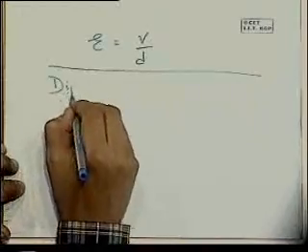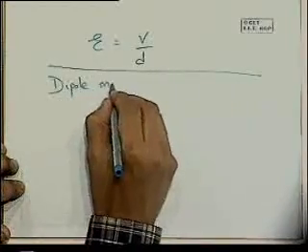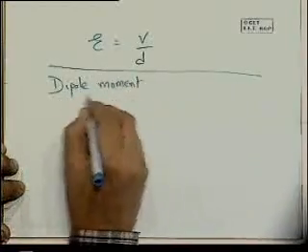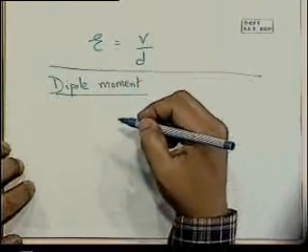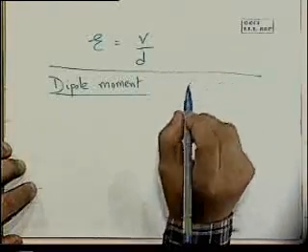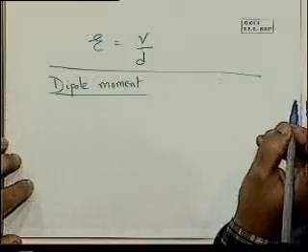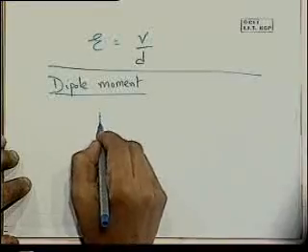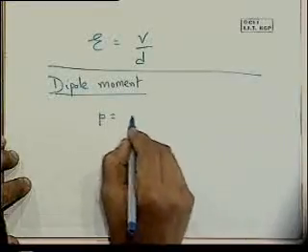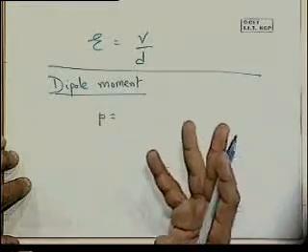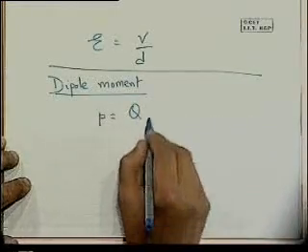Now we have already mentioned this term. I'll bring it up again. Dipole moment. What happened when we inserted the dielectric medium is that dipoles were formed, and I said that that phenomenon is known as polarization of the medium. The dipole moment P was defined as the charge separation times the distance between them.